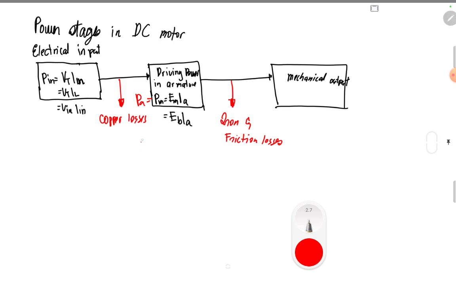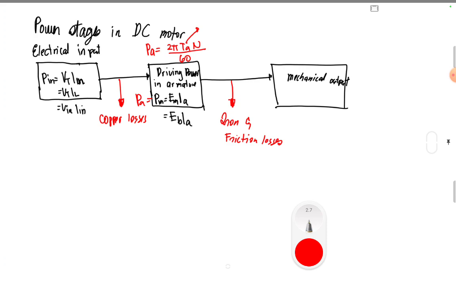Usually, we will use our formula PA is equal to 2 pi TA multiplied by N all over 60 in order to solve for our armature torque. Now, since we have our iron and friction losses, there will be losses from that specific power output of our armature.